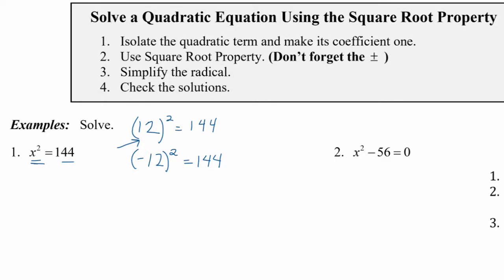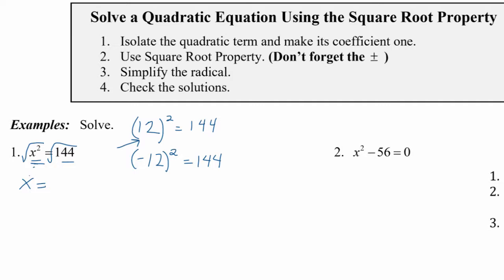Okay, so the first step is to isolate the x squared, and then the second step is going to be that we're going to take the square root of 144, right? So when we take the square root, it's kind of like we're taking the square root of both sides, right? Square root of x squared is x, and square root of 144. But here's the thing.